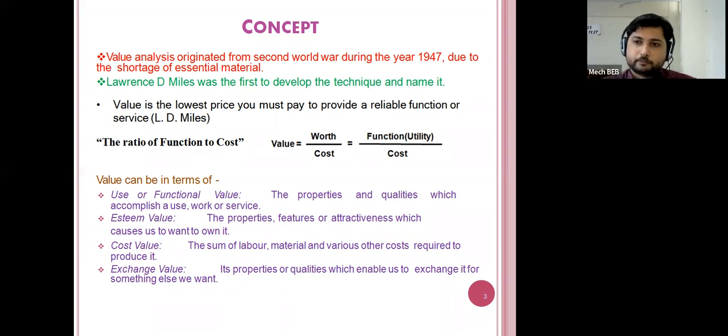So if we are dealing with these things, how much time we are using that thing in our life, and how much functionality that particular product has, that consists of its value. And this functionality will be converted into value.